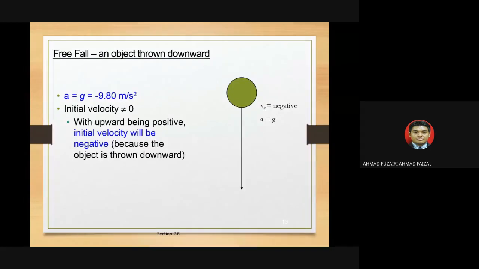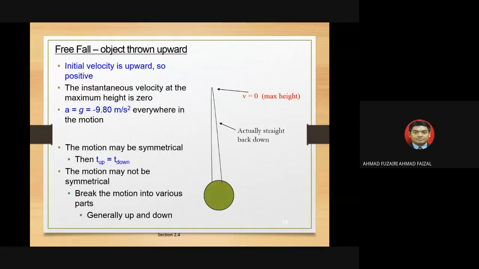For an object thrown downward, the initial velocity is not equal to 0, as we throw the object with a velocity. The initial velocity will be negative because the object is thrown downward. For an object thrown upward, the initial velocity is upward, so it will be positive.